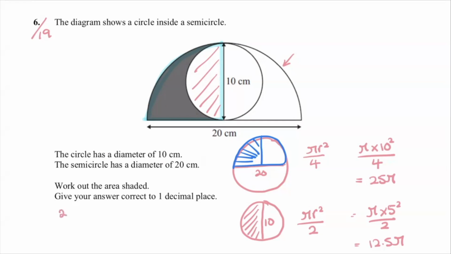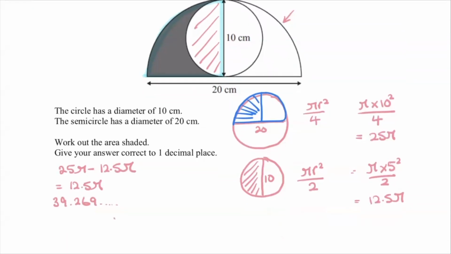So we've got 25 pi, take away 12.5 pi, which is going to give us 12.5 pi. And now I'm going to look at my decimal, which is 39.269. On and on it goes. They're asking my answer to be to 1 decimal place. So my final answer is 39.3 centimeters squared.